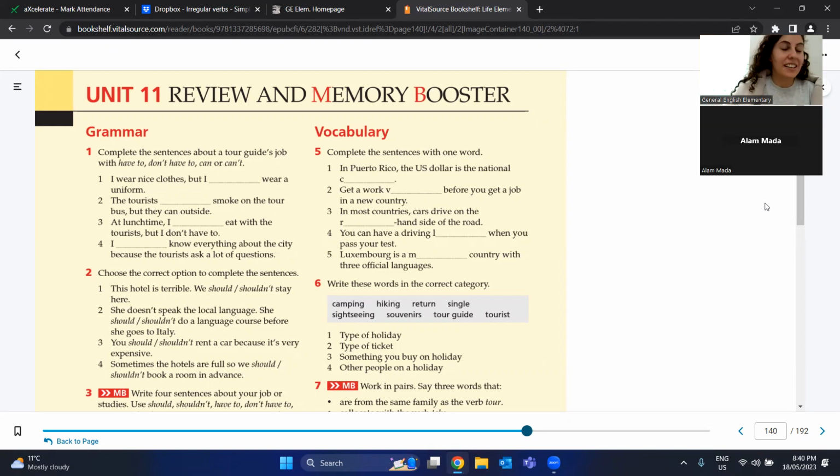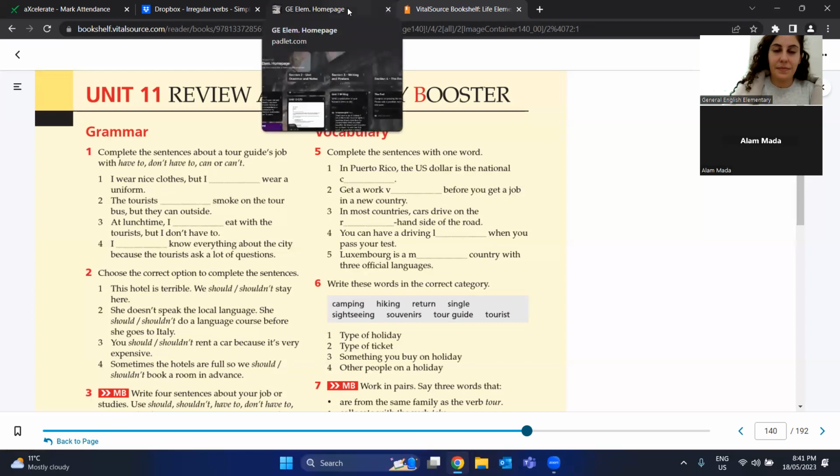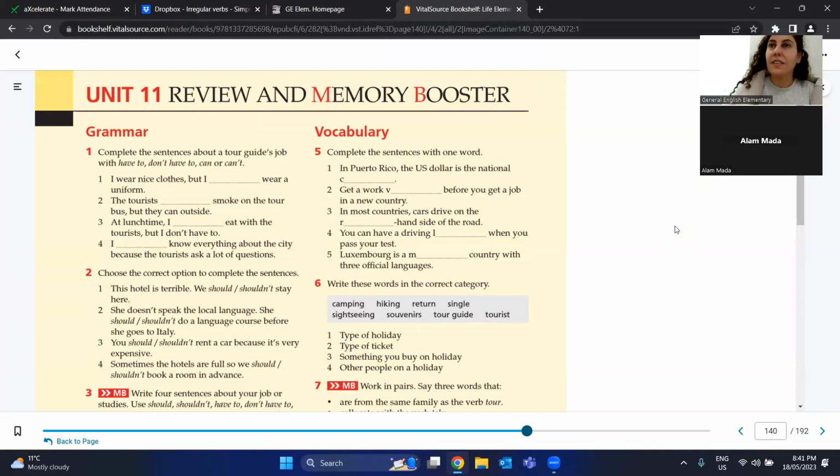Have you ever eaten at a Japanese restaurant?